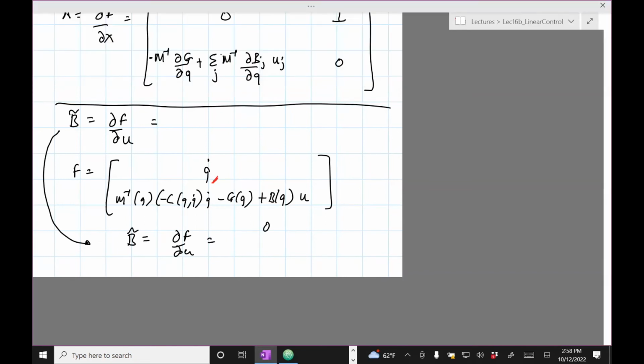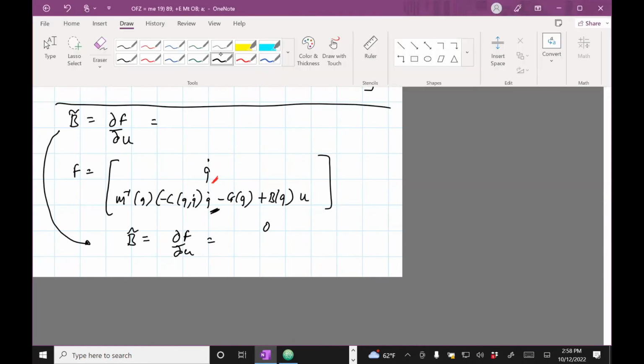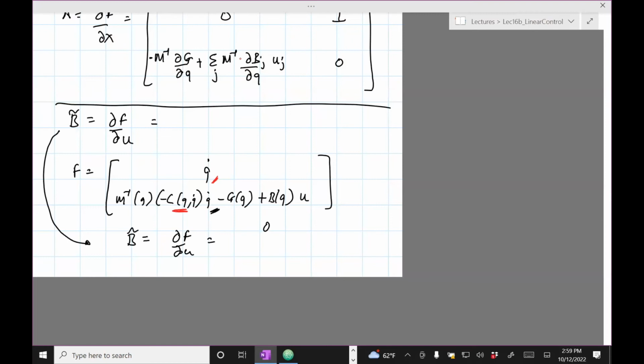And then we need to take the derivative of this expression with respect to U, and we see that this term would be 0. This term would be 0 because it's not a function of U. The only term which will be a function of U is this one. And so the derivative of P(Q)U with respect to U is going to be just P(Q).